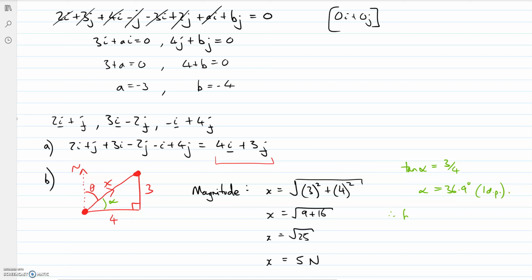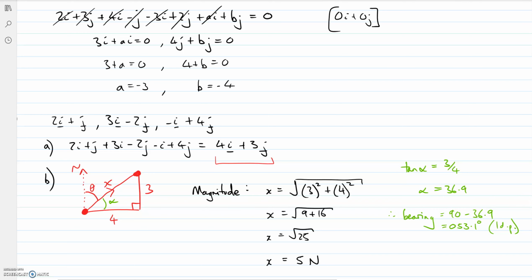And therefore the bearing of this resultant force will be 90 minus this. Okay, we shouldn't round this here. I don't have my calculator on me, but yeah, it's going to be 53.1. And because it's a bearing, we should put the 0 at the start.